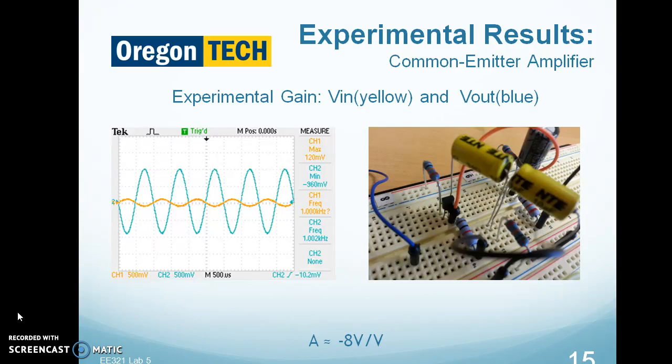So here's the experimental gain that I got for the BJT amplifier, and there's an image of the design that I built on the breadboard, and then I ran it through an oscilloscope and got that graph.